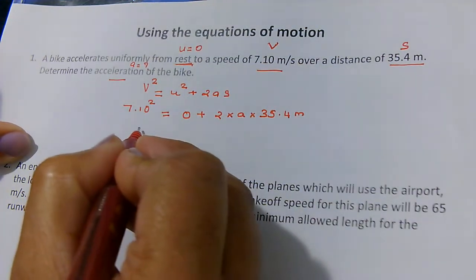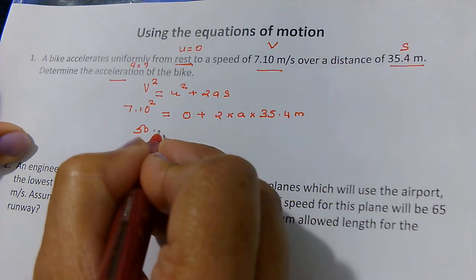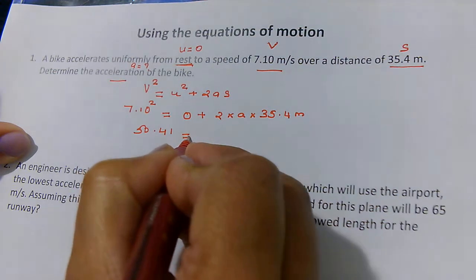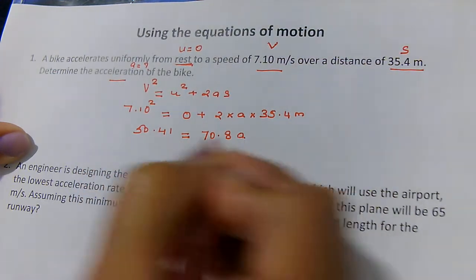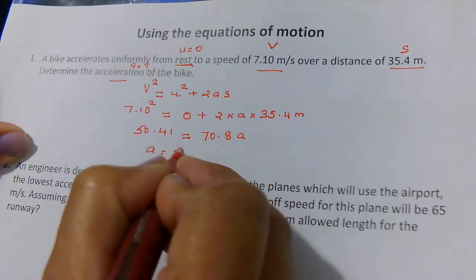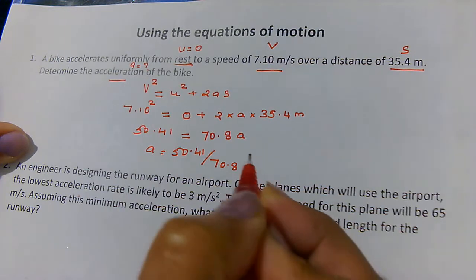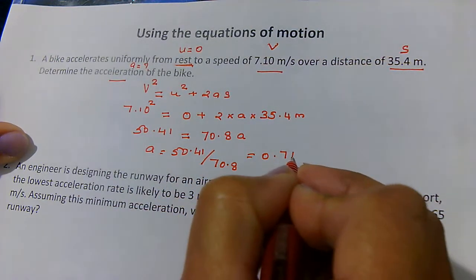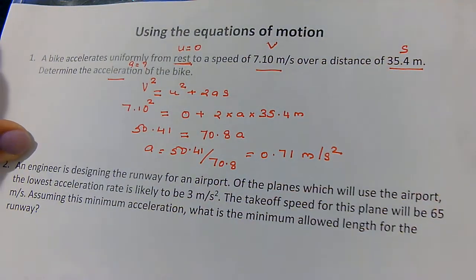And then if I rearrange, first I'm going to write down the values. 7.1 squared is 50.41, equal to 70.8a. So a will be 50.41 divided by 70.8, which means 0.71 meters per second squared. So that should be how you are working out the first one.